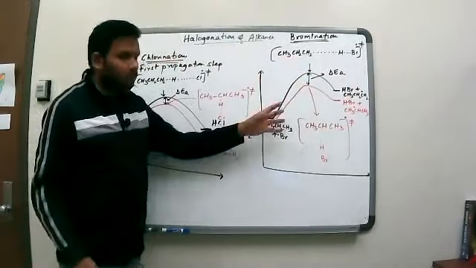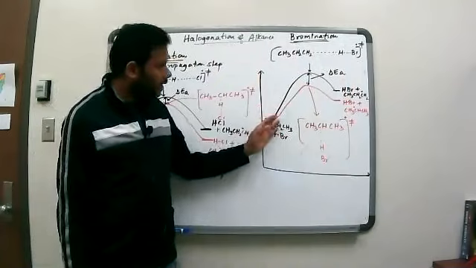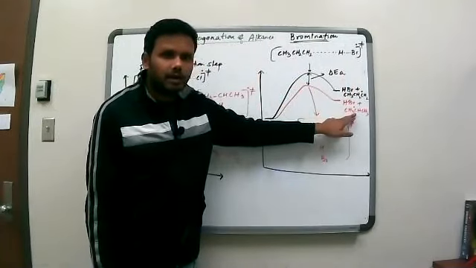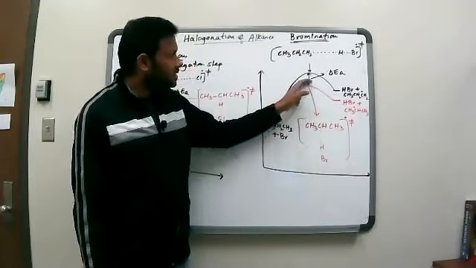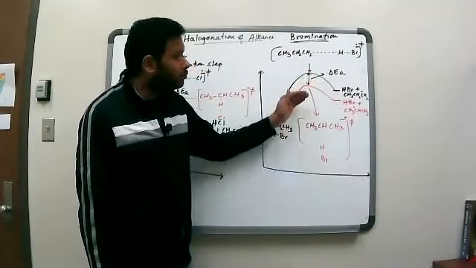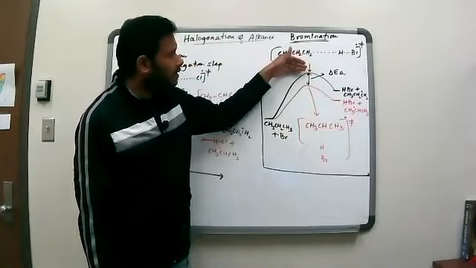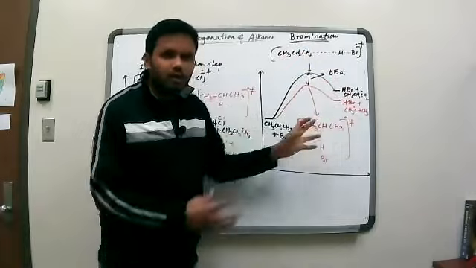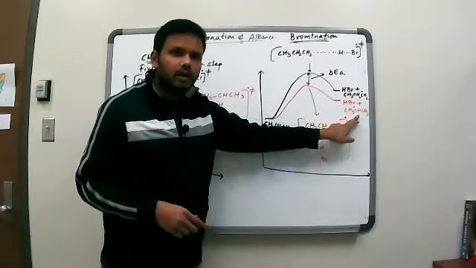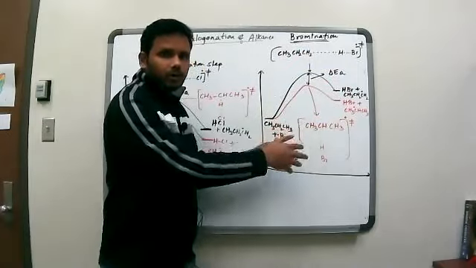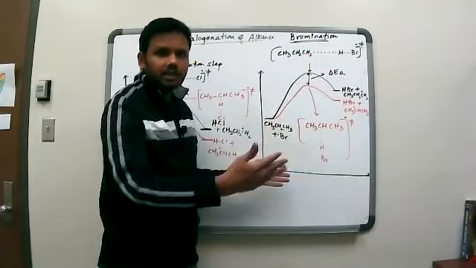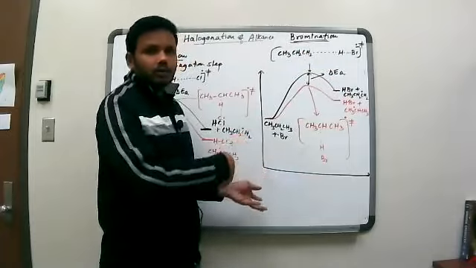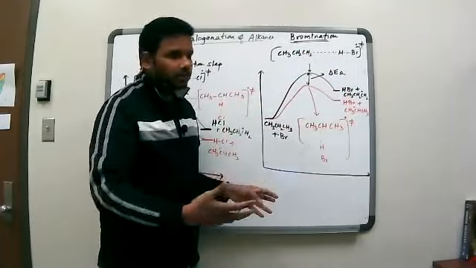And so now, since in bromination the pathway that leads to this secondary carbon radical is relatively more stable compared to the pathway that leads to the primary carbon radical, we make a lot more of the secondary carbon radical. And if there's a lot more of this formed, and then the second step is again exothermic, it gives you a more thermodynamically stable product.